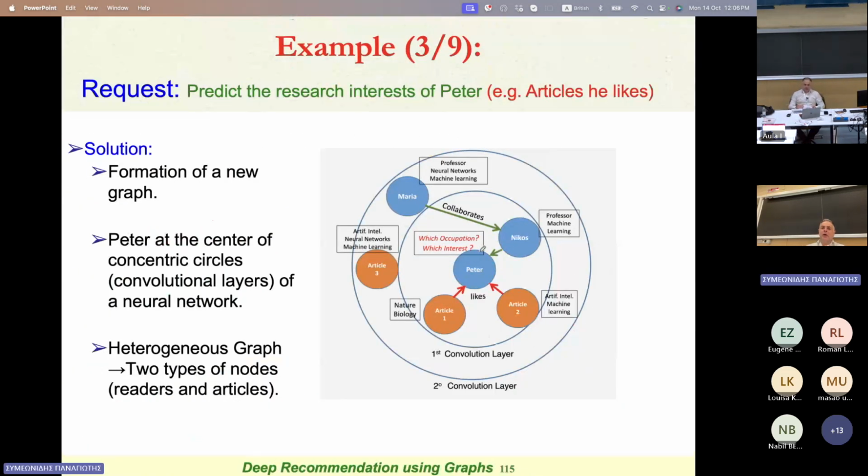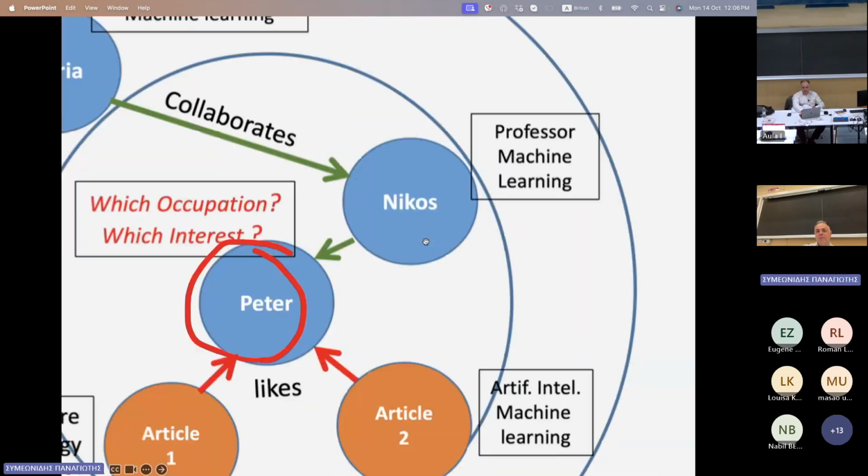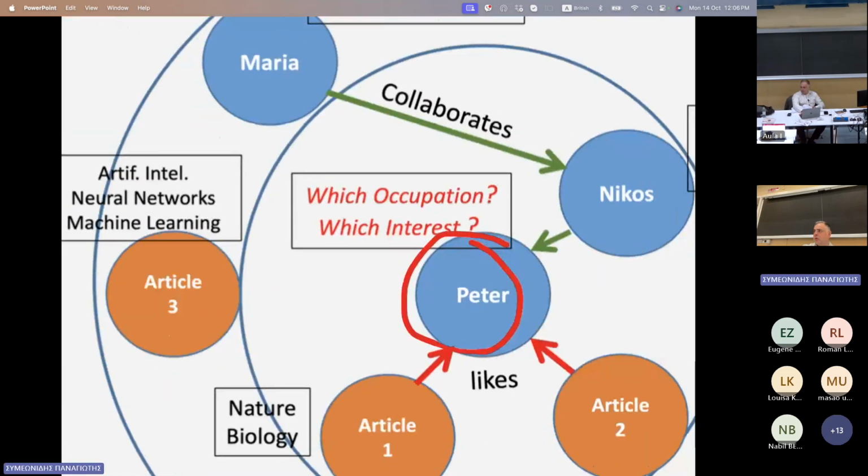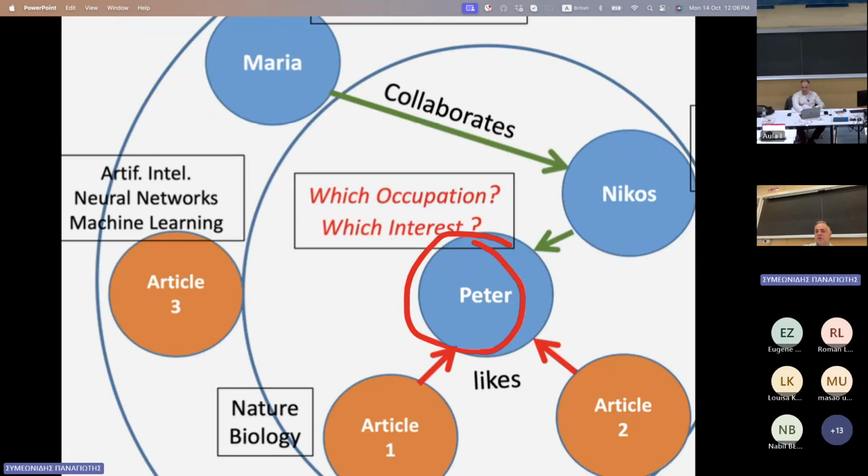Okay, from this, what we want to do, we want to predict the research interest of Peter, which is in the center. So we want to express the features of this node, and specifically which occupation, the profession, and which is the interest of Peter. Okay.